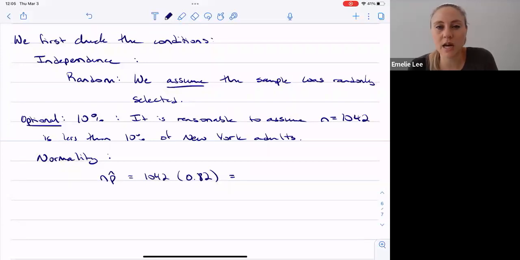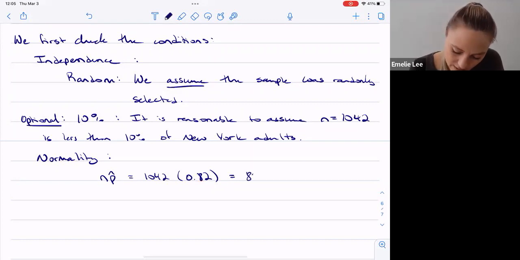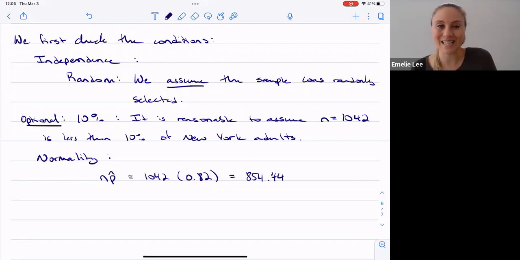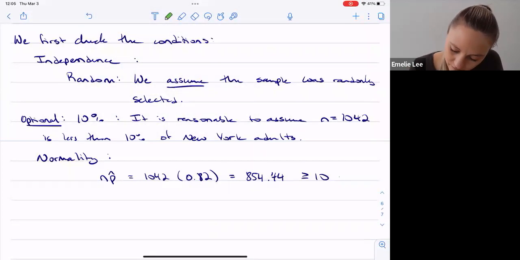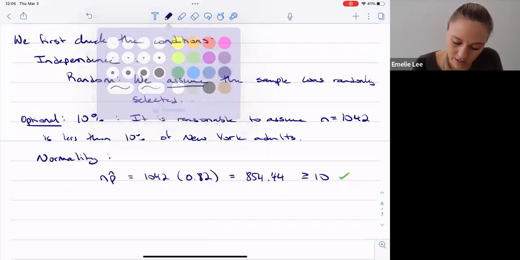And it's possible to have decimals here because usually we round the proportion and so it's not exact. So we have 854.44 successes. So 854.44 people out of 1,042 said that yes, they're in favor of this mandate, which is greater than or equal to 10. So I'm going to check that with the green check mark.